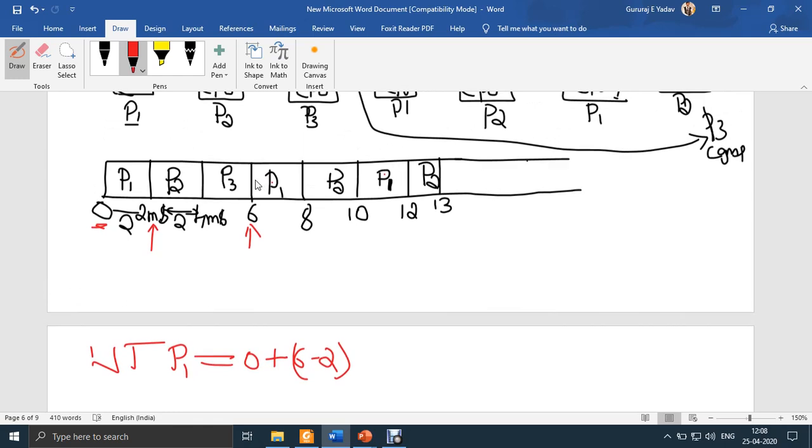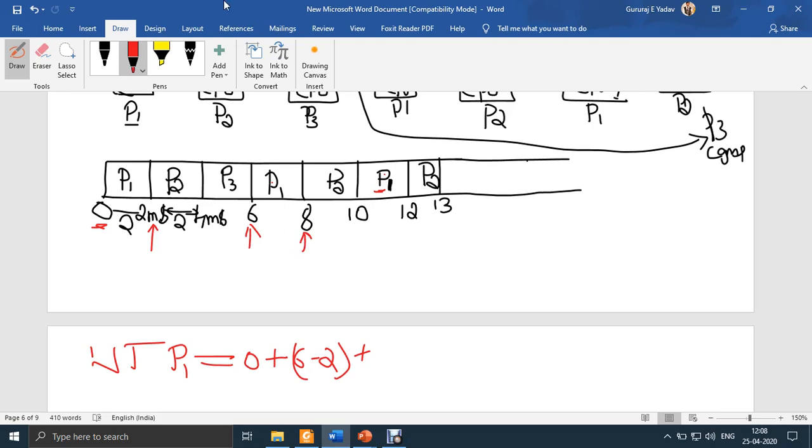Again, once it is scheduled at 6, P1 doesn't complete here itself, so it is scheduled once again here. So one more waiting time we have to consider. P1 was given the chance at 6 and it is preempted at 8 because some other process wants its chance to execute.